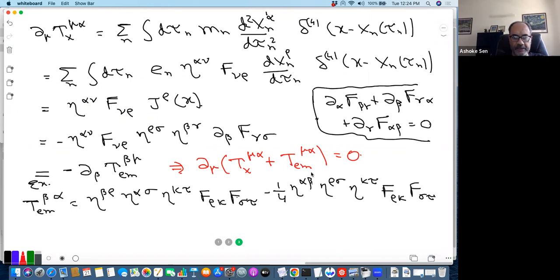And this is important because, as we have seen earlier, whatever appears on the right-hand side of the Einstein's equation must be conserved because the left-hand side is free from divergence. So if you are trying to write Einstein's equation, you have to use the combined energy momentum tensor of the matter and electromagnetic field. Is this clear? Are there questions?